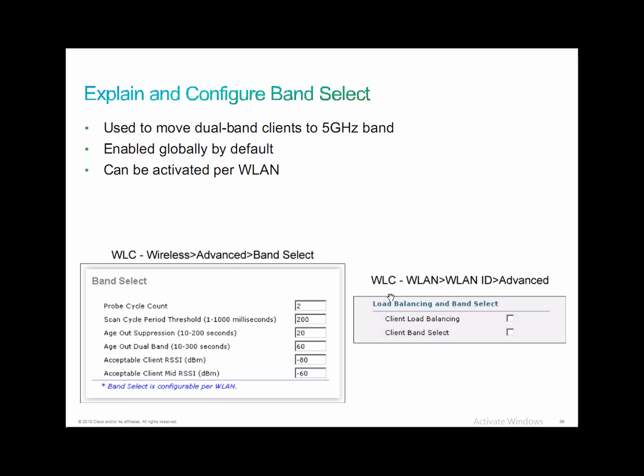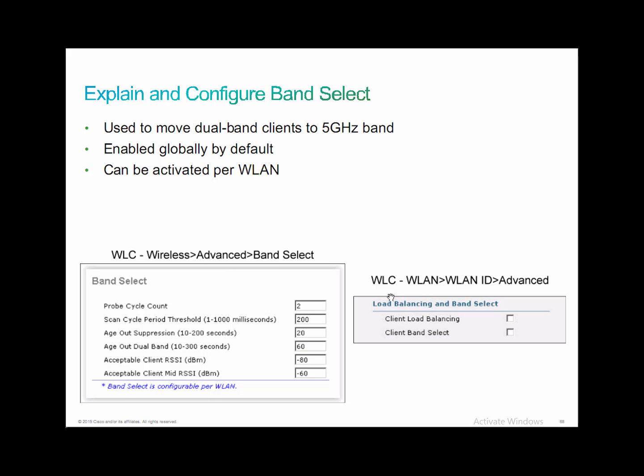Age out suppression, we can see that configured as well. That's a timer for suppressed client age out entries in the controller. What I mean to say by that is if a client at a maximum stays on a channel for about 300 milliseconds during the initial scanning, and if there are a total of, say, 40 channels to scan, the client will come back to the same channel about every 12 seconds.